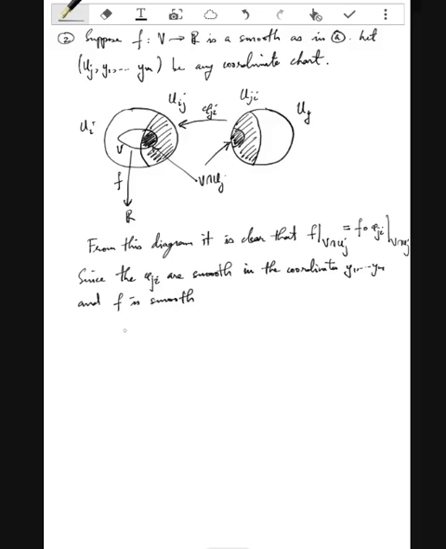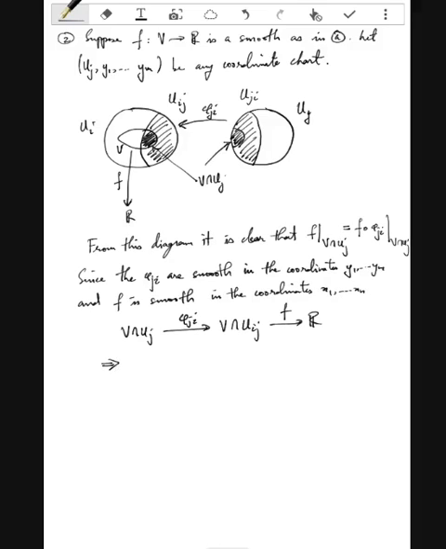So what do we have? We have V intersection U_j. This is phi_ji. This maps to V intersection U_ij, and here I have f, R. So f is smooth in the coordinates x1 through xn.